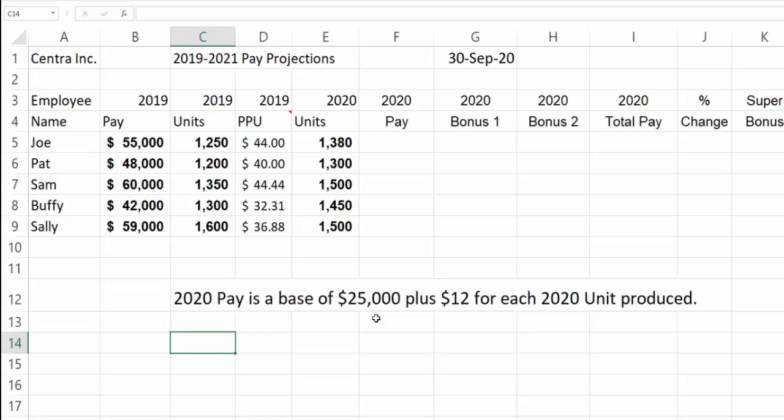So in this case, a $7,000 to $8,000 base was proposed, but the owner said no. Be more generous. I want my families to have a guaranteed minimum amount of $25,000 so that their children, their families have the same reasonable quality of life. Then they can earn more. And then the number of $12 for each unit produced was reasonable to keep the money in line.